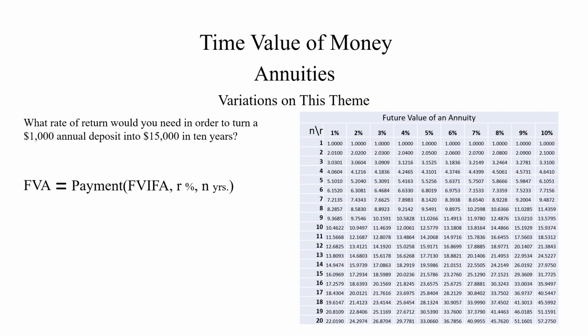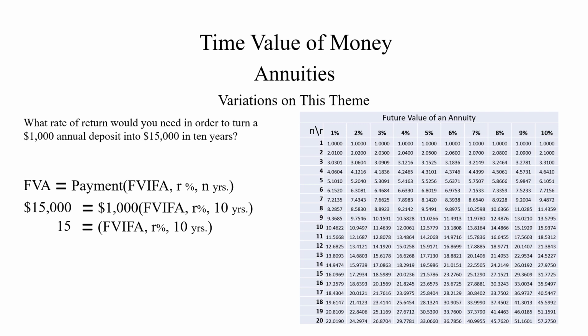Again, we'll just fill in the values we know. Now that we have the values filled in, we can just use our future value of an annuity table to solve for R, the required rate of return. We'll just move that $1,000 to the other side of the equation so that we'll know what we're looking for on the table.